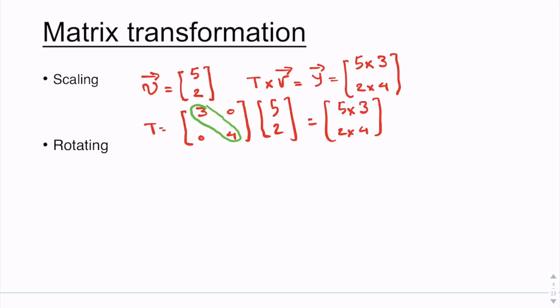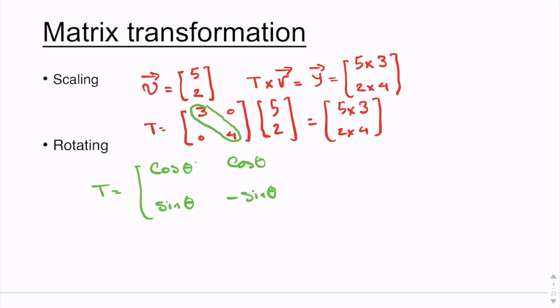So for two-dimensional data, we can show that the rotation has this form of matrix, like a cosine of theta, sine of theta, and then in here we have cosine of theta, minus sine of theta.